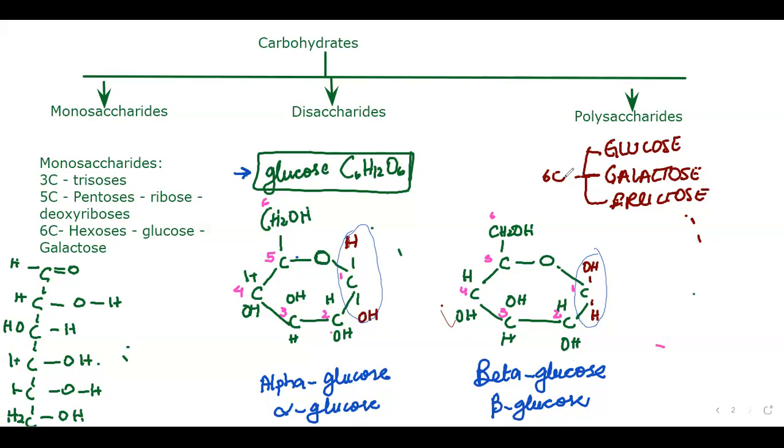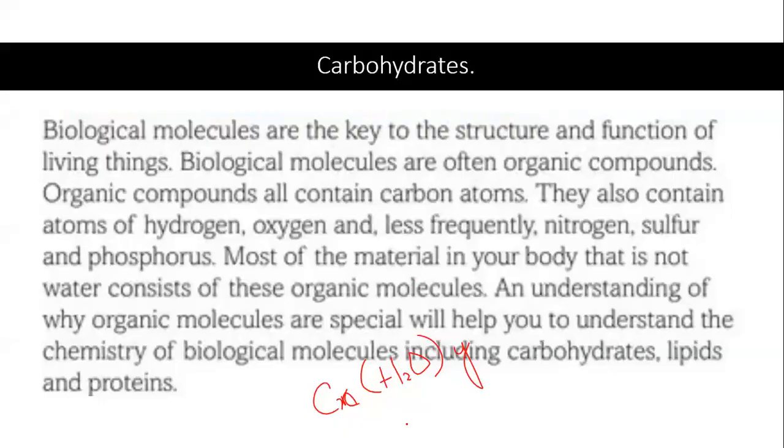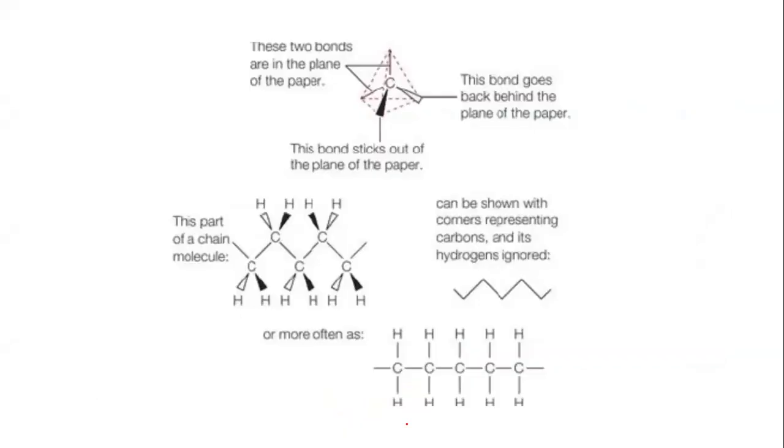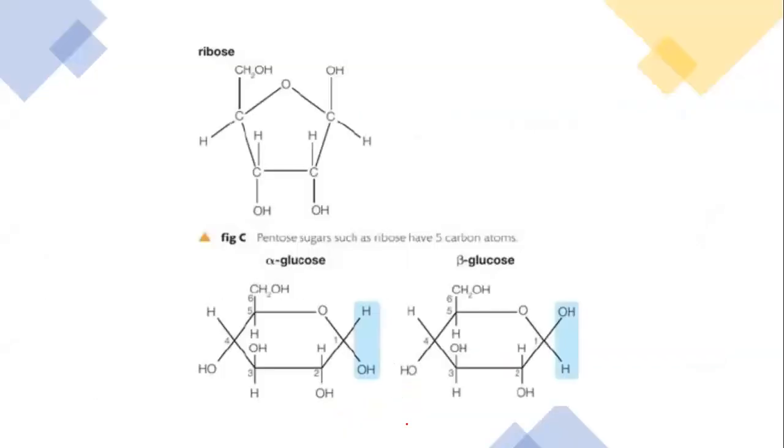So I can use my monosaccharides not just for energy, to break the carbon-hydrogen bonds, release the energy and use it to make ATP. We can also use it as a building block to build other larger molecules for us, right?